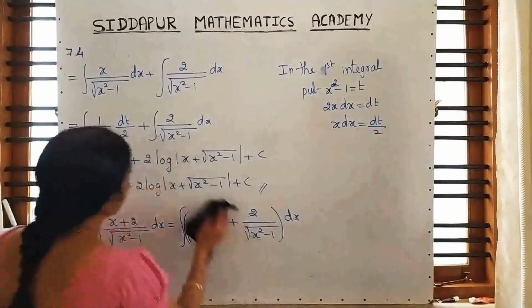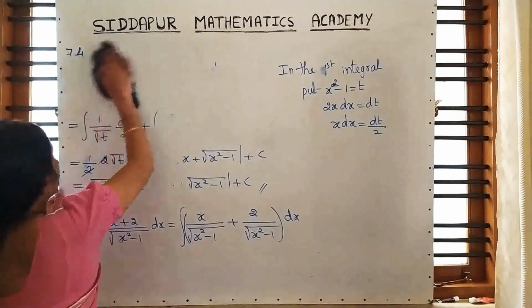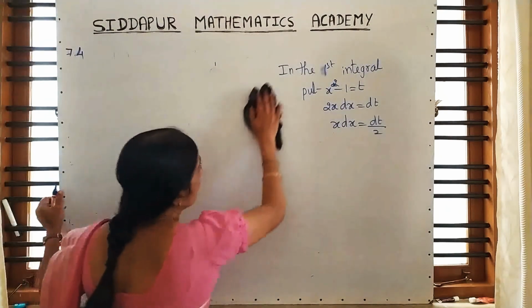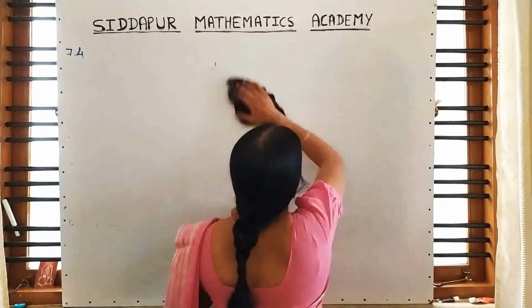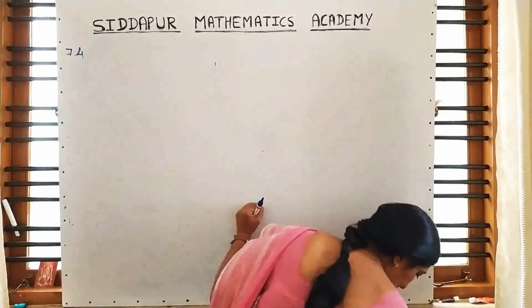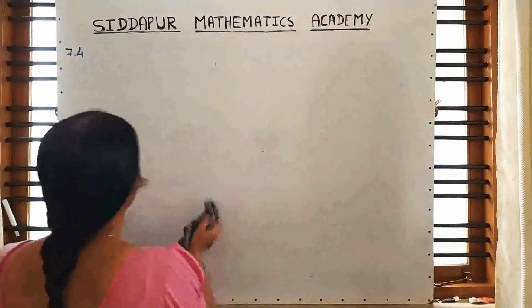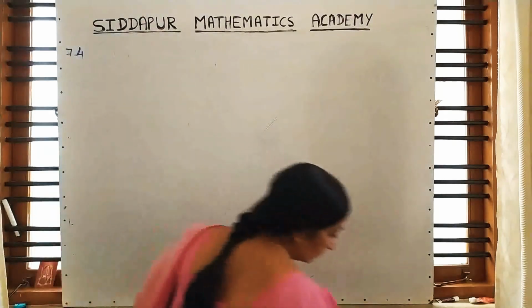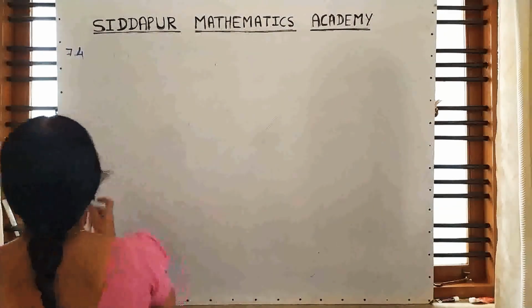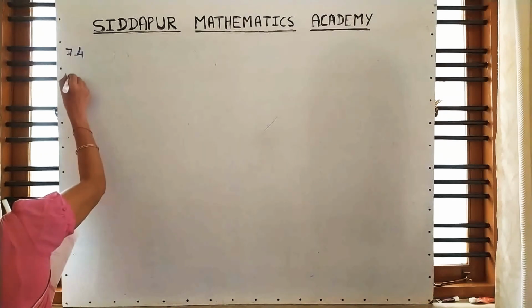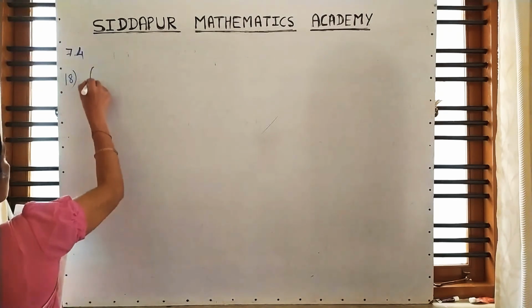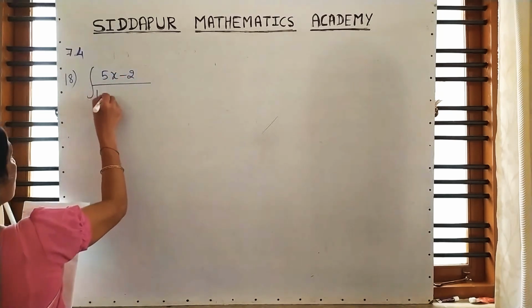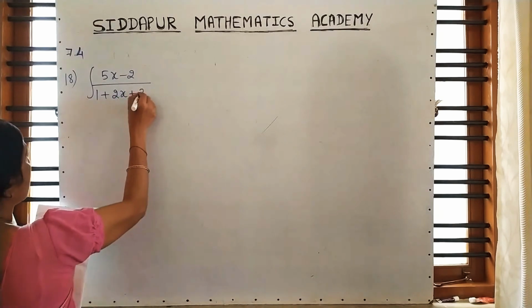Moving to the next question. Question number 18. 17 is completed. Question 18: (5x − 2) upon (1 + 2x + 3x²).